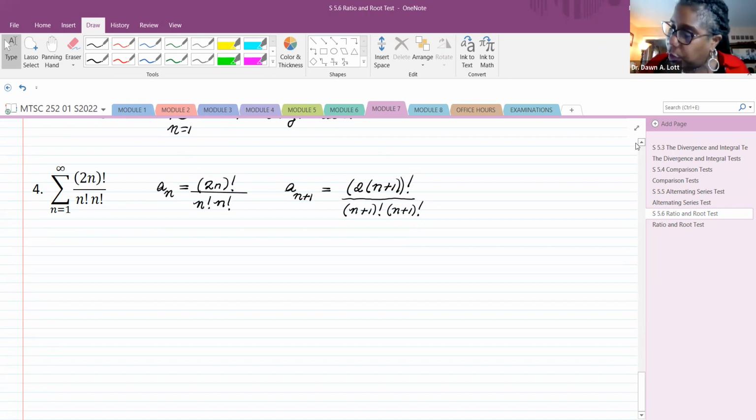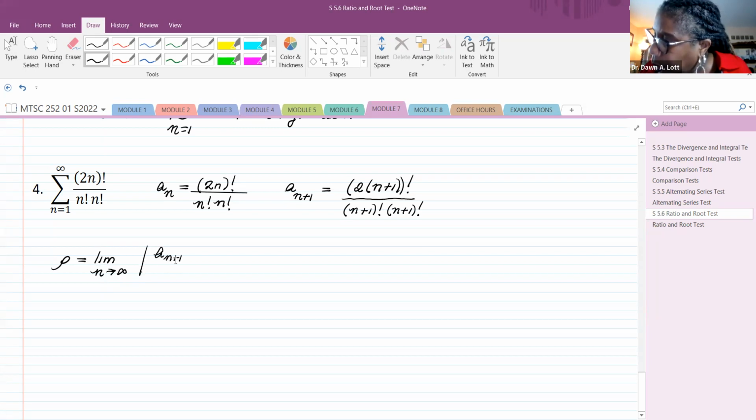Okay, so let's compute rho. So rho is the limit as n approaches infinity of the absolute value of a_n plus 1 over a_n. Okay, everything's positive.